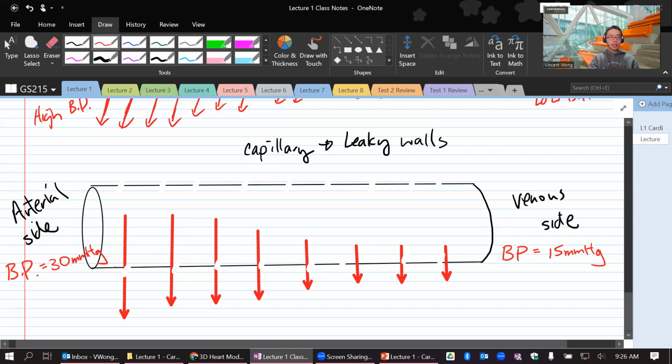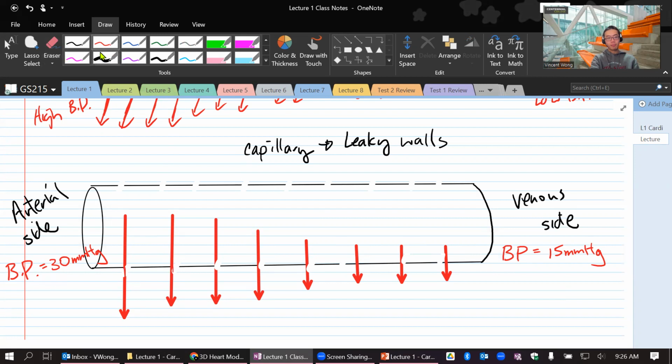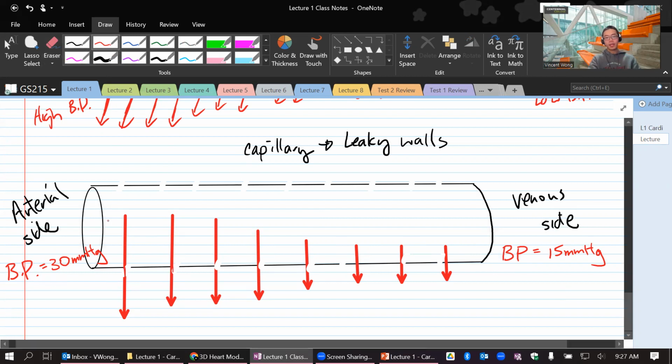But regardless of the number, the effect of blood pressure on capillary exchange is that, I'll write it down here, blood pressure pushes fluid out of the capillary. So push things out, not blood.